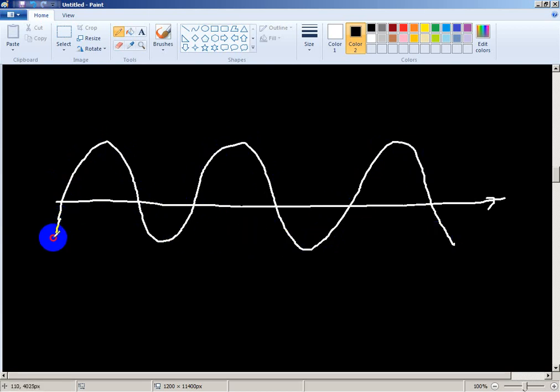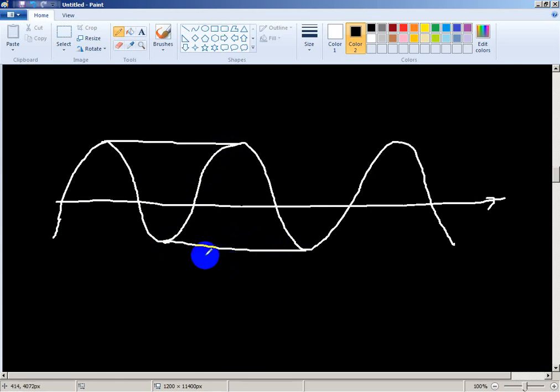Okay, the distance between two bottoms of a wave, or two top peaks of a wave, is the wavelength.